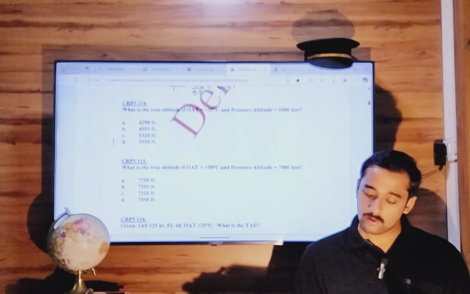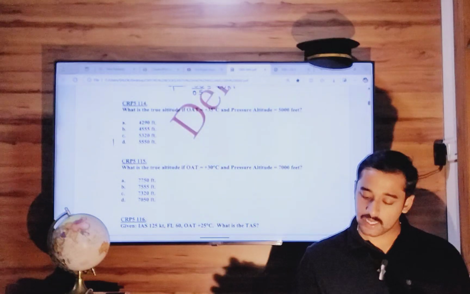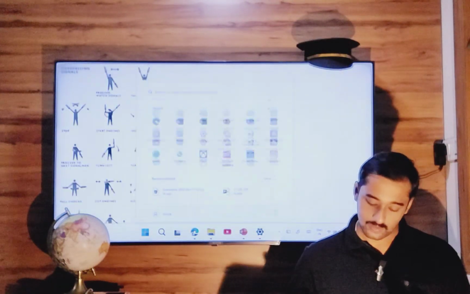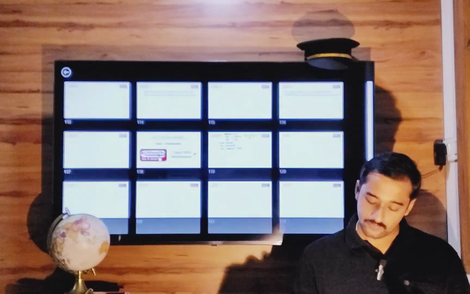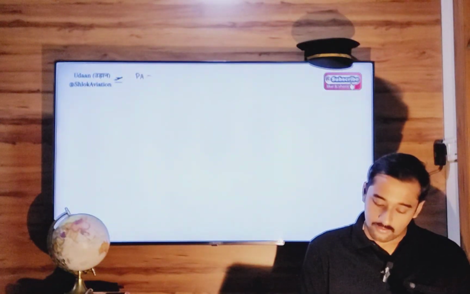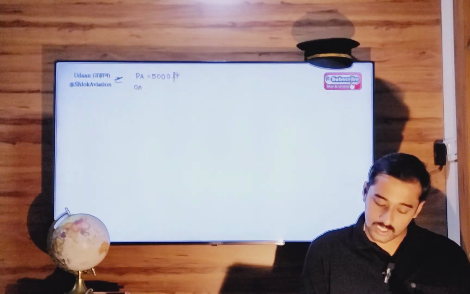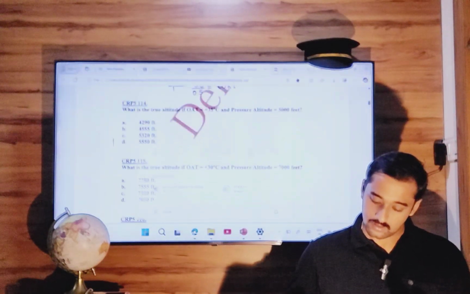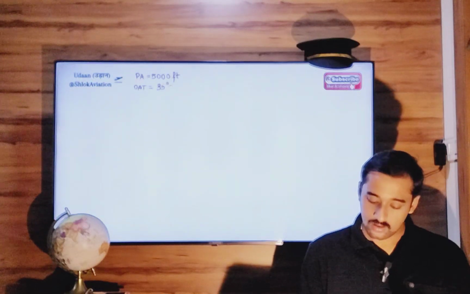What is true altitude if outside air temperature is plus 35 degrees Celsius? Pressure altitude is 5000 feet. So we'll do it here. Since it's an altimetry sum. Now pressure altitude is 5000 feet. Outside air temperature is plus 35. Okay.